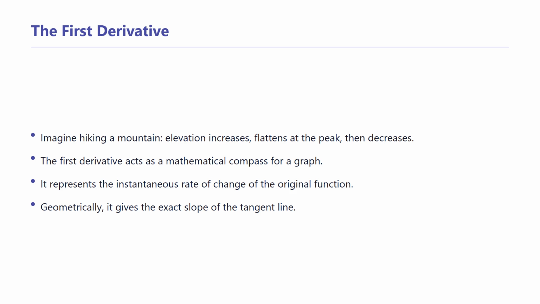In physics, finding these maximum or minimum values is crucial for optimization, like finding the maximum height of a thrown ball. The first derivative tells us exactly how steep a graph is at any single point, acting as a compass that shows if we are heading uphill, downhill, or resting at a flat peak.